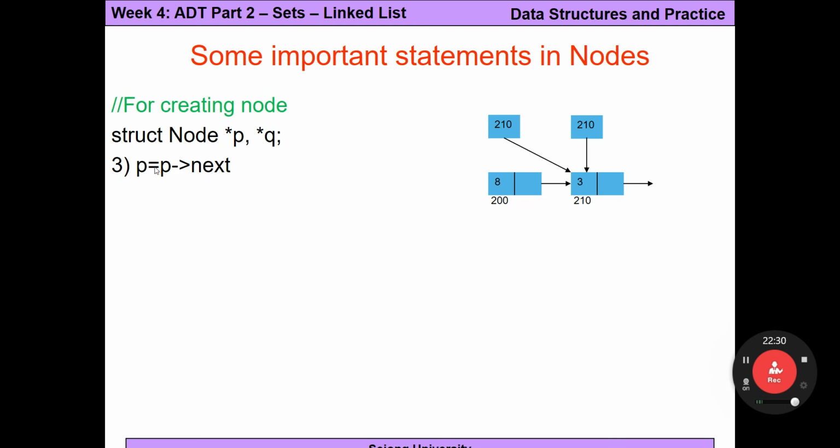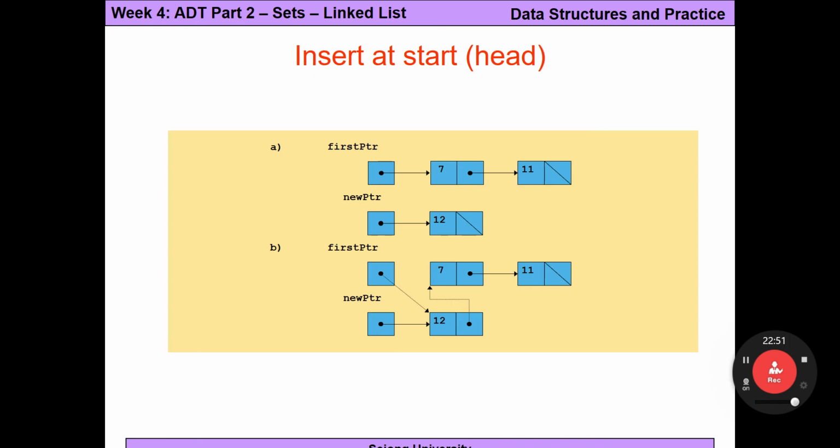Basically, this address will be stored in P. This is how a few of the statements we can define in the nodes.